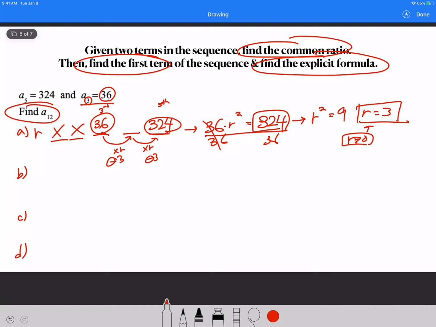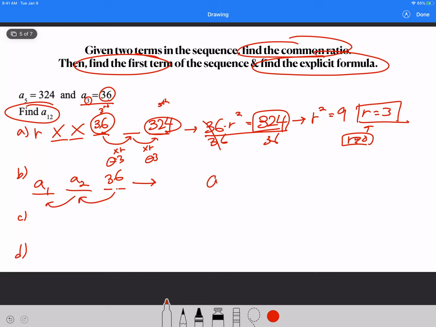Then I want to find the first term in the sequence. This time I'm going to go backwards. If I wanted to find the first term in the sequence, a sub 1, then I have a sub 2, and a sub 3, the third term in the sequence, which also turns out to be 36. So instead of going in the multiplying direction, I'm going in the opposite direction.